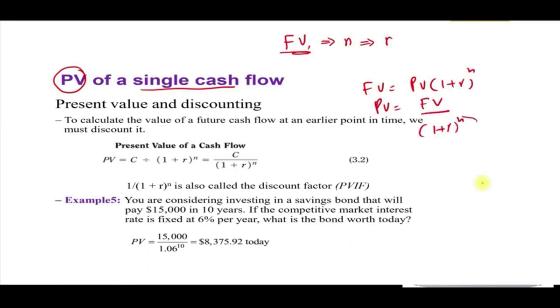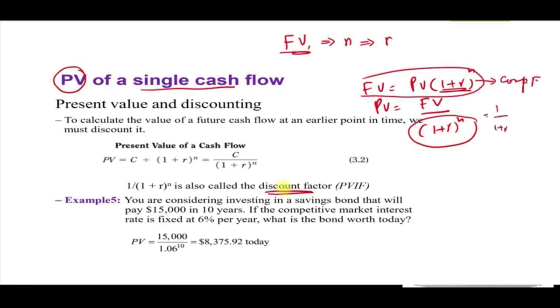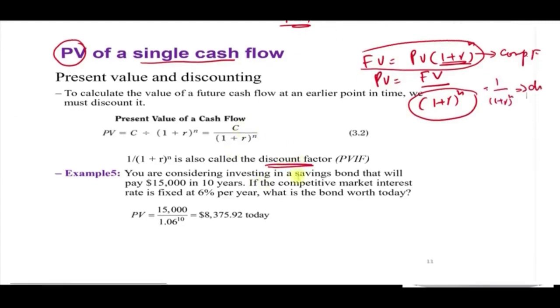So that is actually a discount factor, previously it was a compound factor. Okay, so this is called a discount factor. If you are calculating the future value, that would be called a compound factor. Okay, and if it is 1 divided by (1 plus r) power n, it will become a discount factor because it's in the denominator.